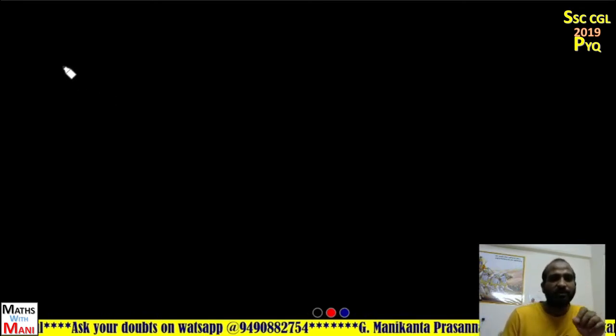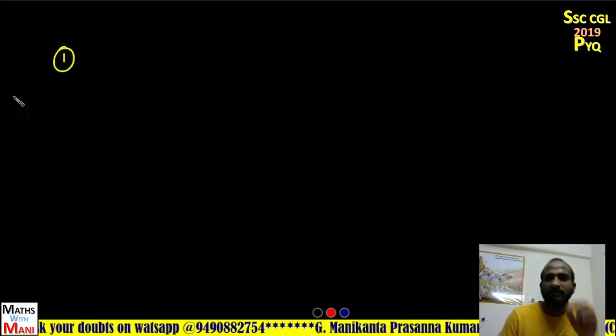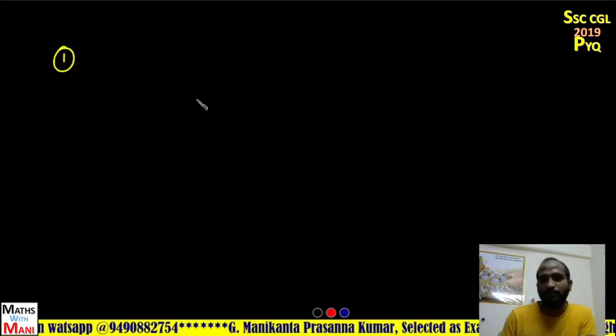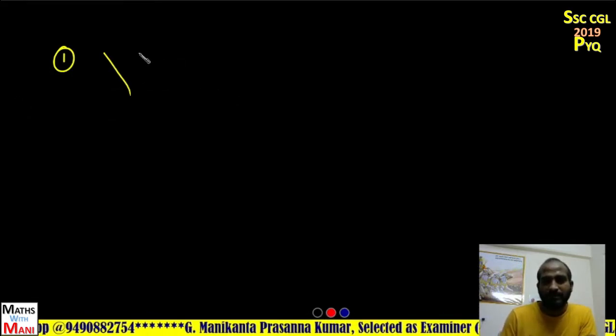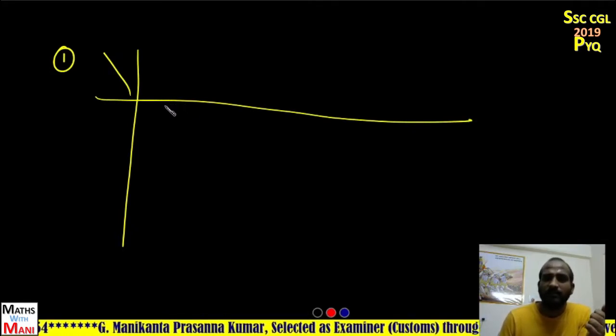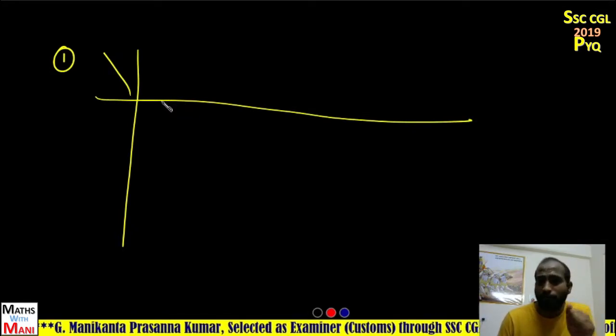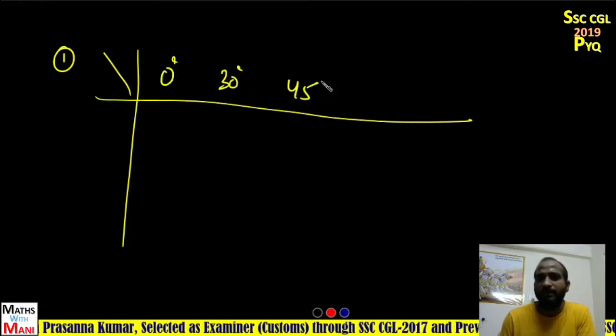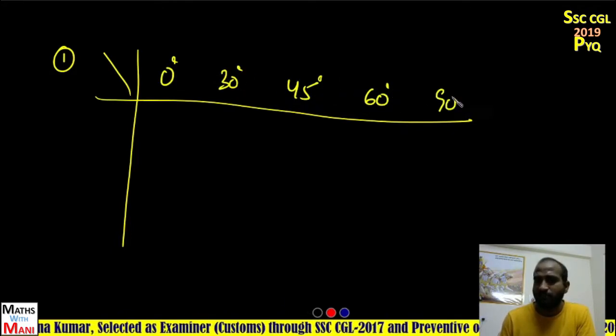Let's discuss. So first, we have to know some of the values of specific angles. Okay, there is a table which we already discussed in the trigonometric concept itself also: 0 degrees, 30, 45 and 60 and 90. These are the specific angles.